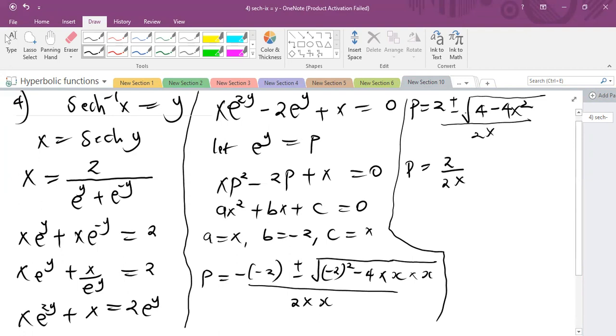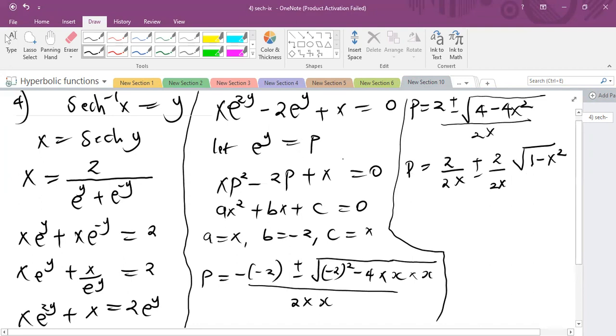It will give us root 4, which is the same as plus or minus 2 over 2x. And then inside the square root sign, if you factor out 4, we will remain with 1 minus x squared. So remember, p is exponential y. So writing back, exponential y is equal to, these 2's will cancel out, 1 over x plus or minus 1 over x times the square root of 1 minus x squared.